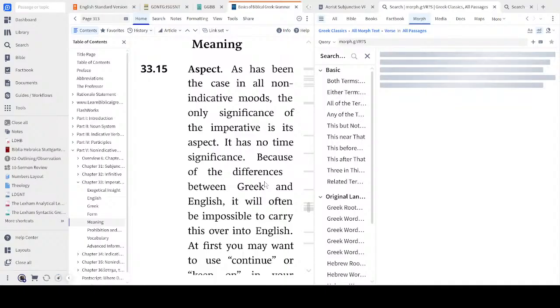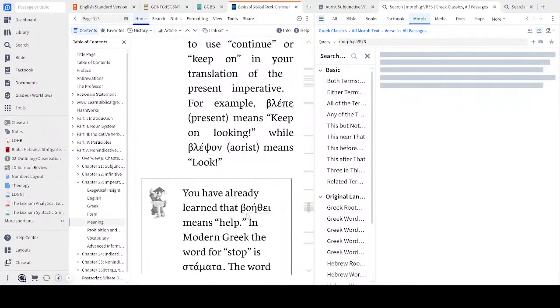It will often be impossible to carry this over in English, as you may want to use continue or keep on in your translation of the present imperative. For example, blepe means to keep on looking, while blepson means to look.